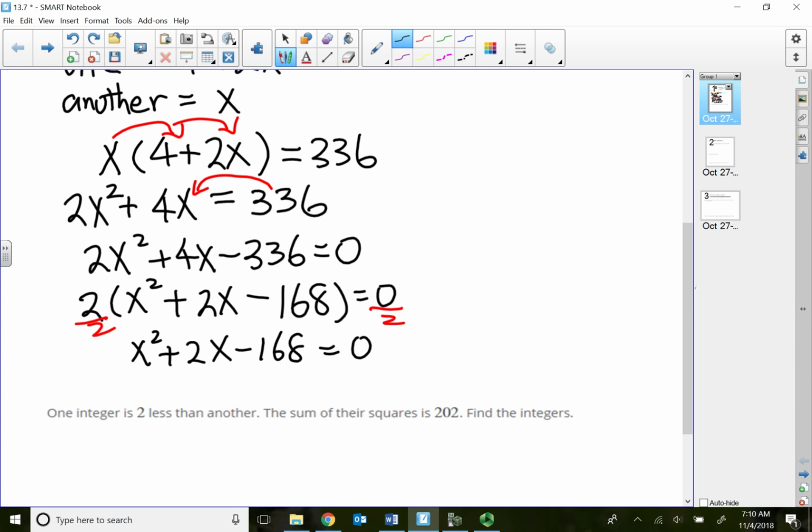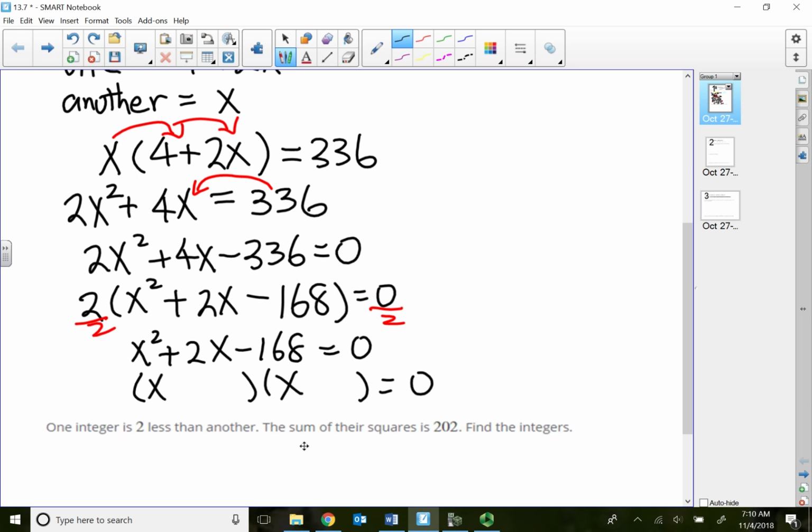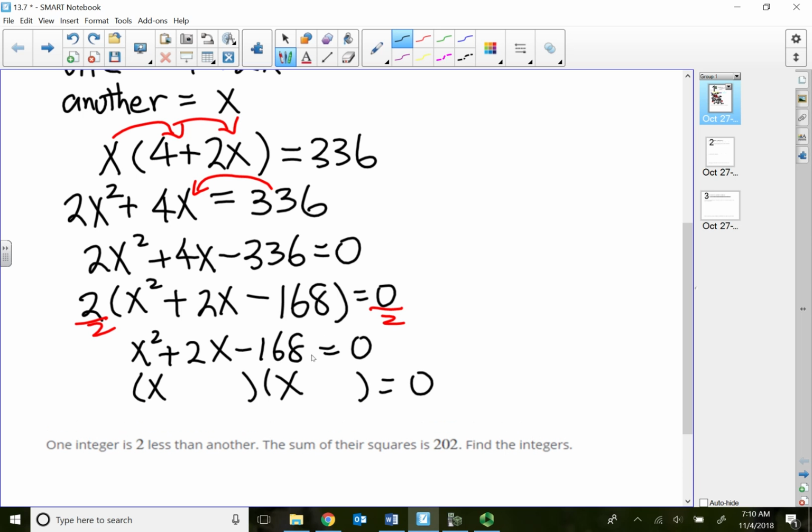Let's see. 2 parentheses right away. For x squared, I use x and x. So what do I do with a bigger number? If my last term is a little bit bigger than what we're accustomed to, then we've got to think about, okay, who times who will be 168 and have a difference of 2.